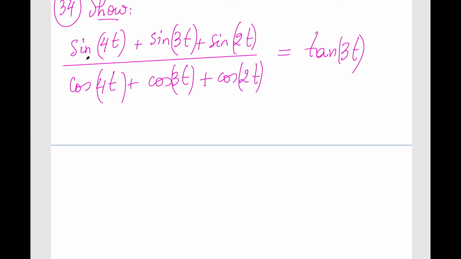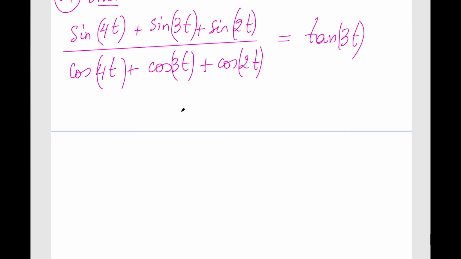So any correct step is correct. That's my point. Sine 4t plus sine 2t. I'm going to combine the two. So I'm going to use the sum to product formula that combines the sine of something plus sine of something else. Okay. And let's see what happens.